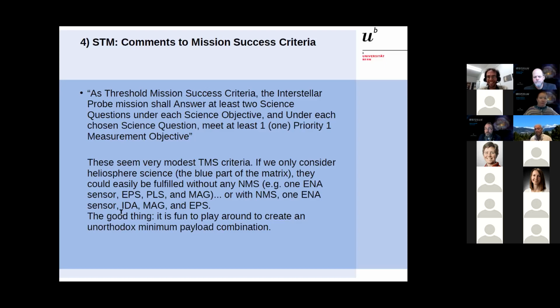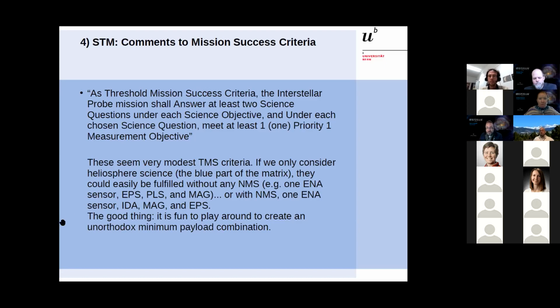No, the baseline is ideally the full science traceability matrix, right? And usually a threshold mission is set pretty low, and it allows us, as I said, also to look at different scenarios should we come to that before the launch pad, right? And it's not just one threshold mission.